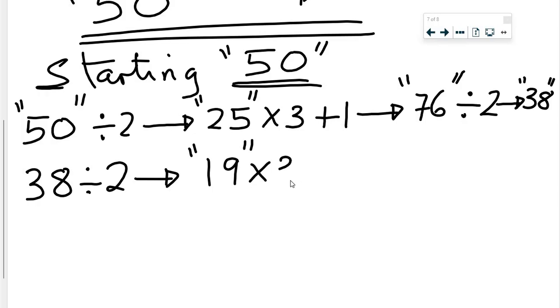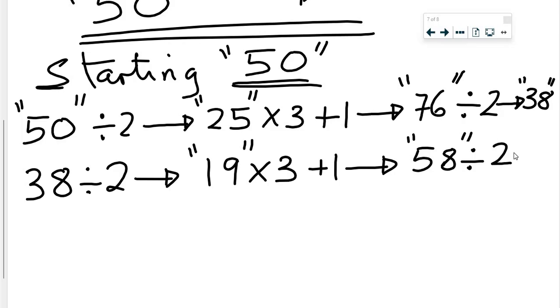You need to multiply 19 by 3. The answer you get, add 1. You're going to get 58. This 58 is an even number. You need to divide by 2. This will give you 29.